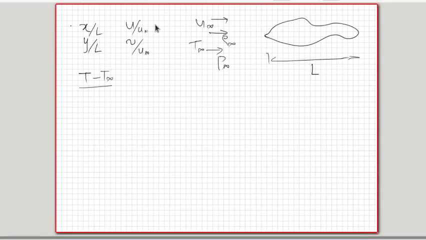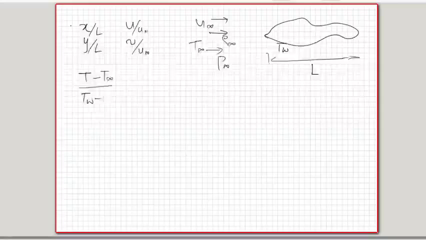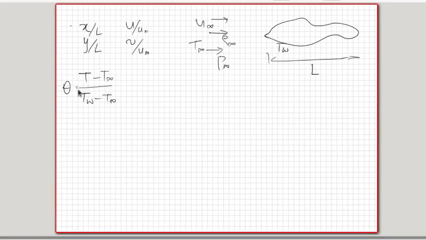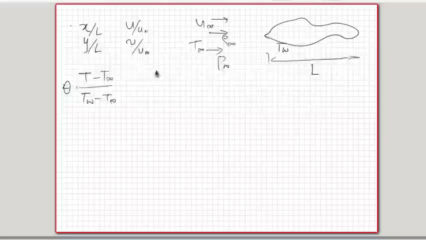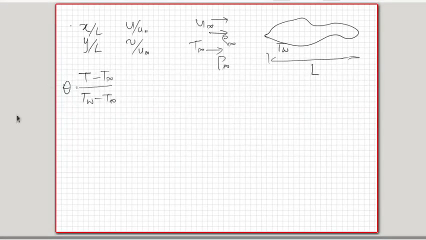So if this body has a surface temperature of, let us say, T wall, then T minus T infinity by T wall minus T infinity will be the non-dimensional form of temperature, theta. So if I try to use all of these, then I would get these equations simplified to a substantial extent.